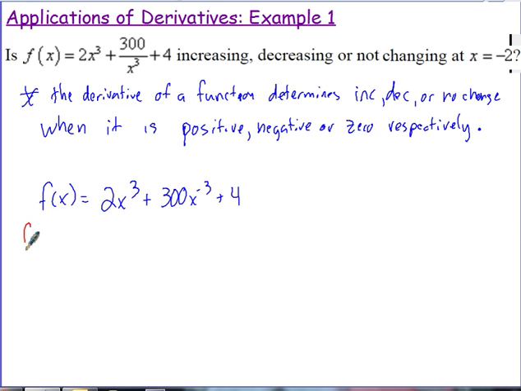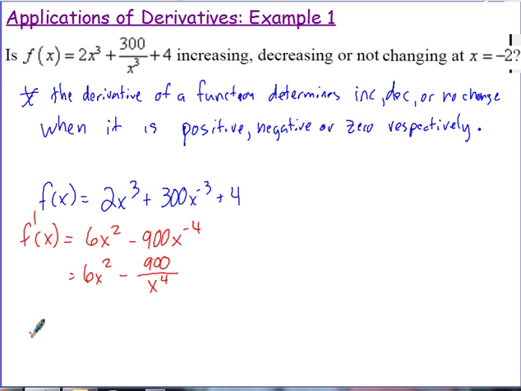Now what's the derivative? Right? And then, oh, and Jasmine's saying, well, really, it's 6x squared minus 900 over x to the positive fourth, correct? That is my derivative, right?